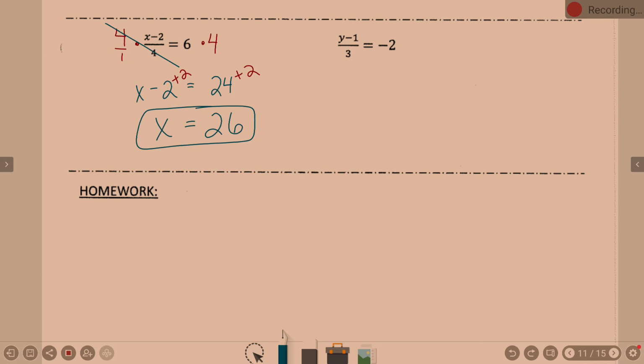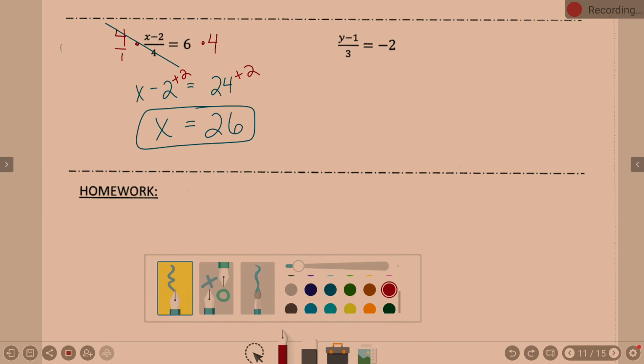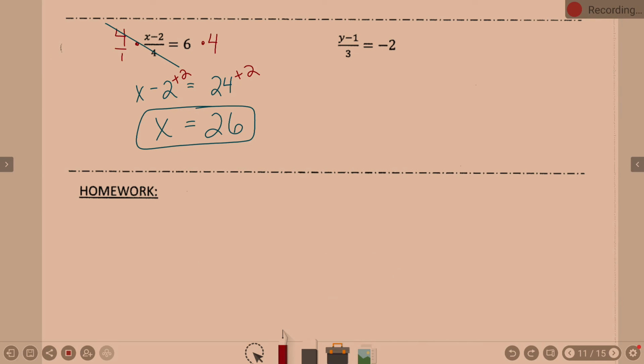Last one. Okay, listen as I read it. y minus 1 divided by 3 equals negative 2. What's the last thing being done to y? Division. It's currently y minus 1 divided by 3, so yes, dividing by 3.